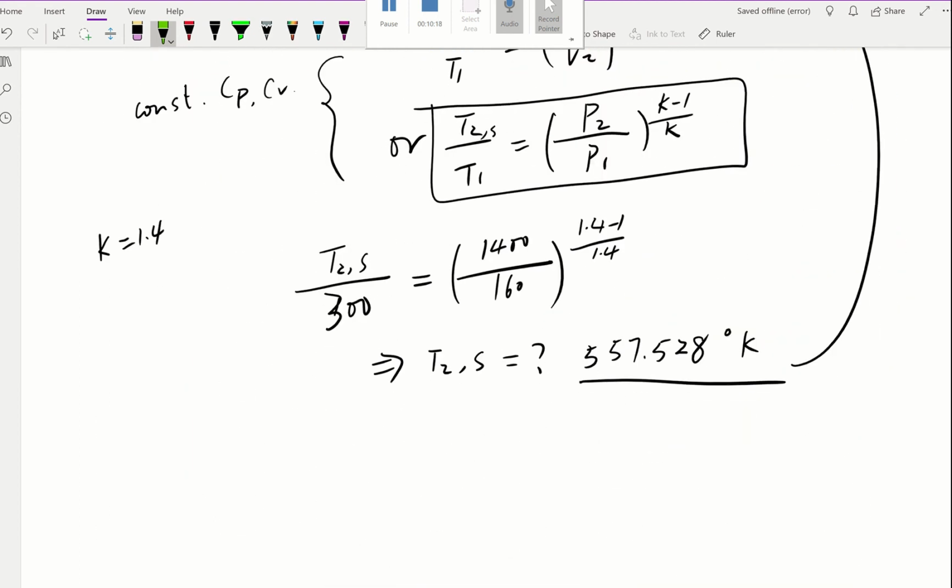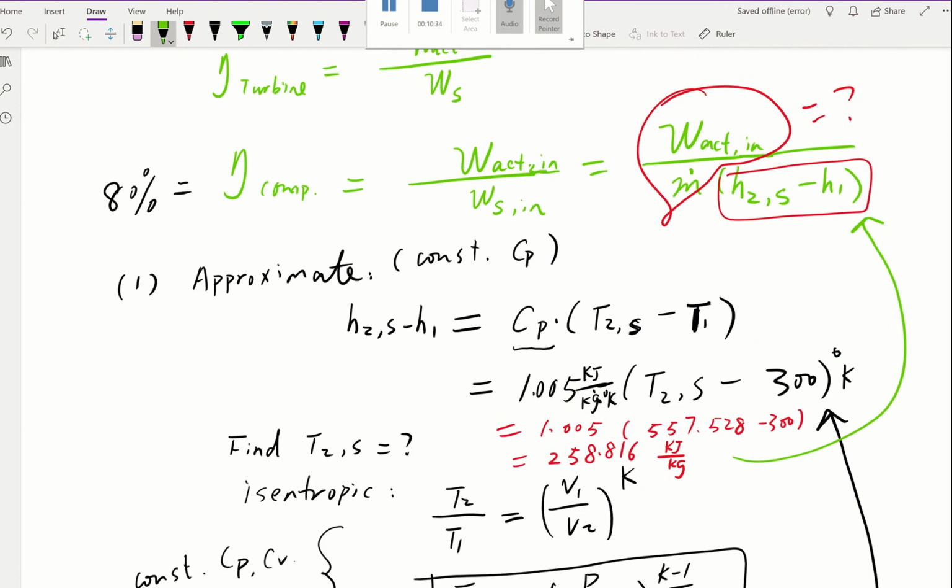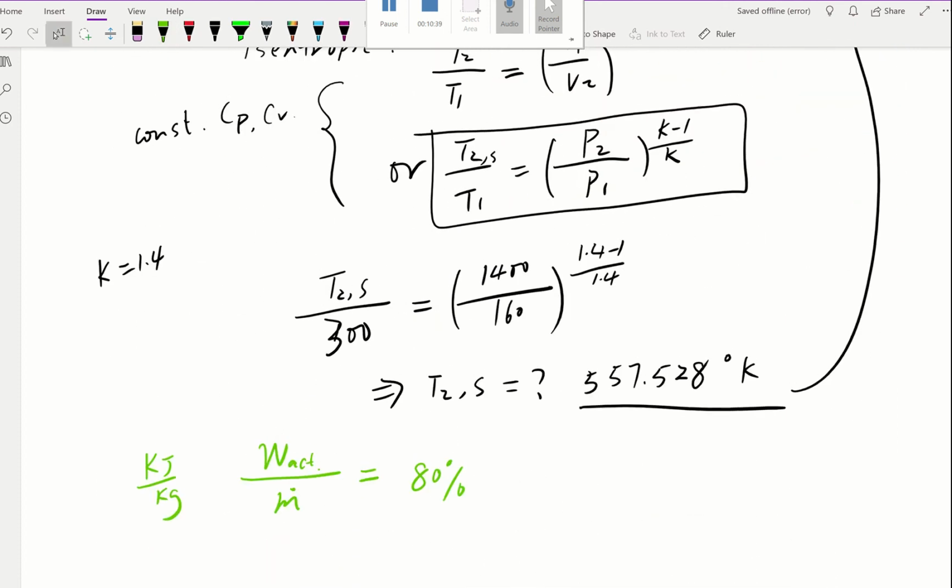what we are solving, this actual work for this compressor over mass flow rate, that's what we are solving in kilojoule per kilogram, is going to be our efficiency. My given efficiency is 80% times H2S minus H1, the enthalpy change if it's running isentropic. And then we're also using approximate analysis, assuming Cp is constant.